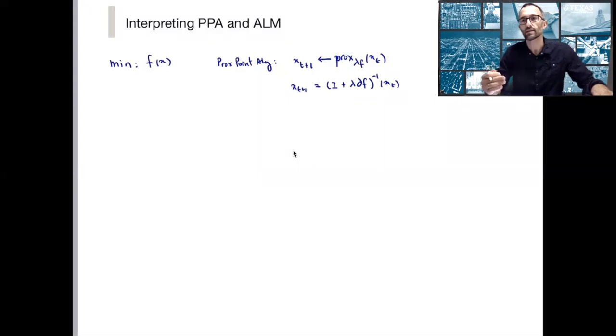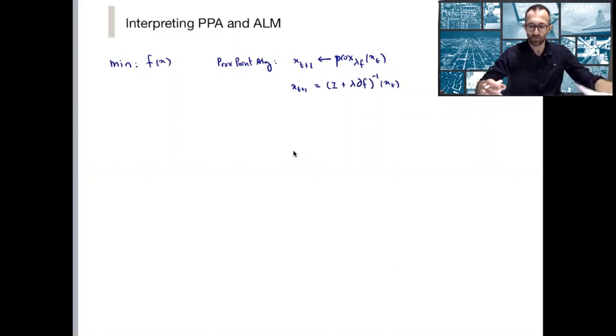And therefore this makes the proximal point algorithm a backwards algorithm. If we write this out, it becomes an implicit algorithm, and it looks very similar to gradient descent except for that implicit aspect. So gradient descent is a forward operator, proximal point algorithm is a backwards operator.